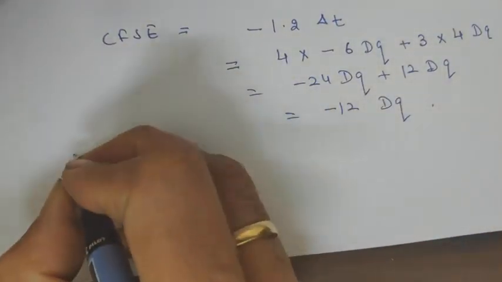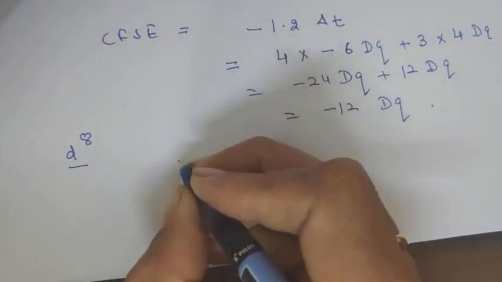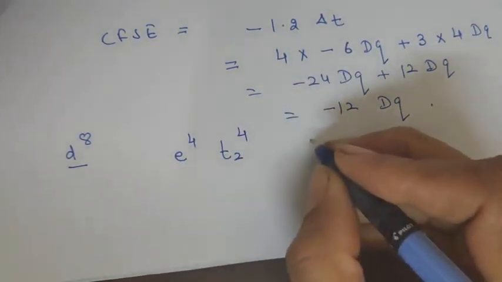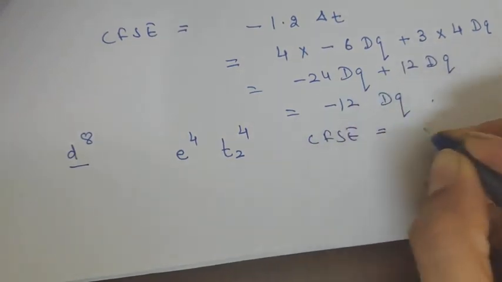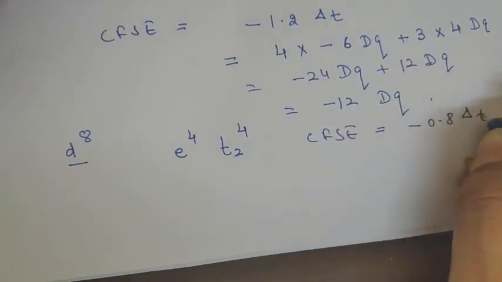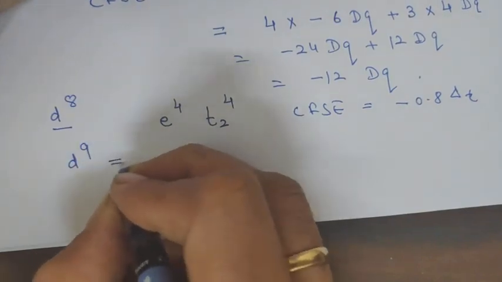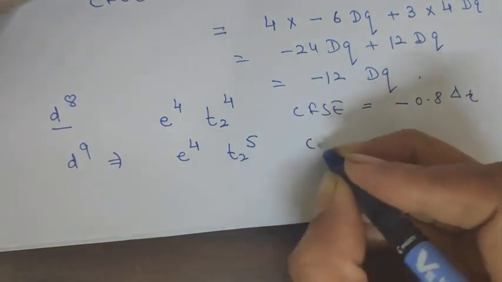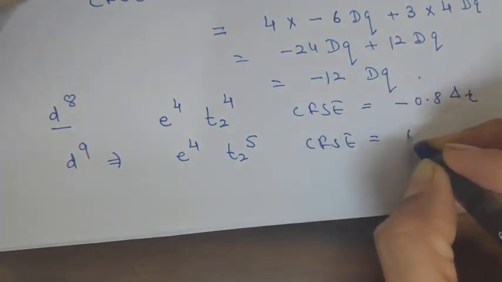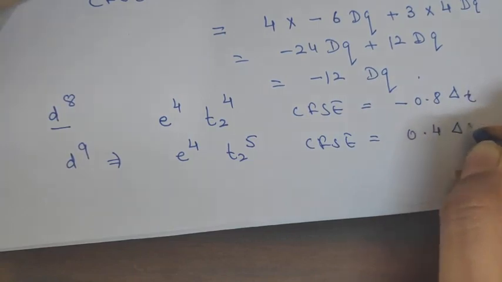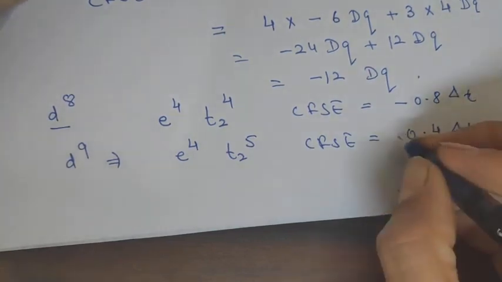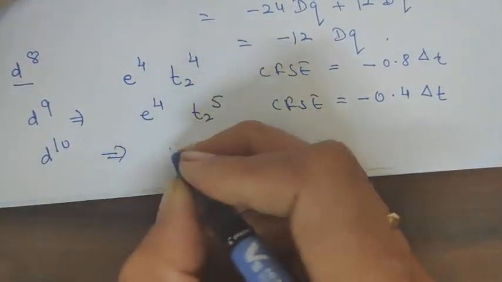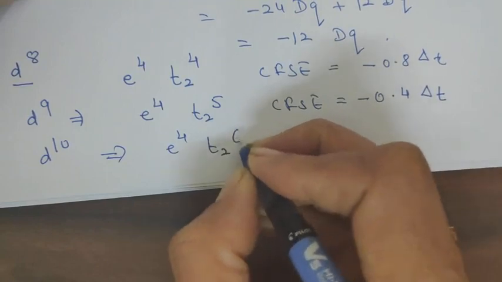If you have the configuration d8, it will be e4 t2^4 and the value of CFSE will be minus 0.8 delta T. If you have d9 configuration, e4 t2^5, and the value of CFSE will be minus 0.4 delta T. If you have d10, it will be e4 t2^6.